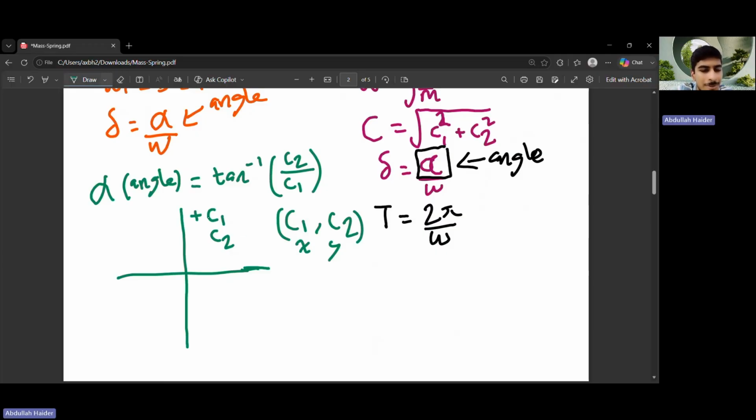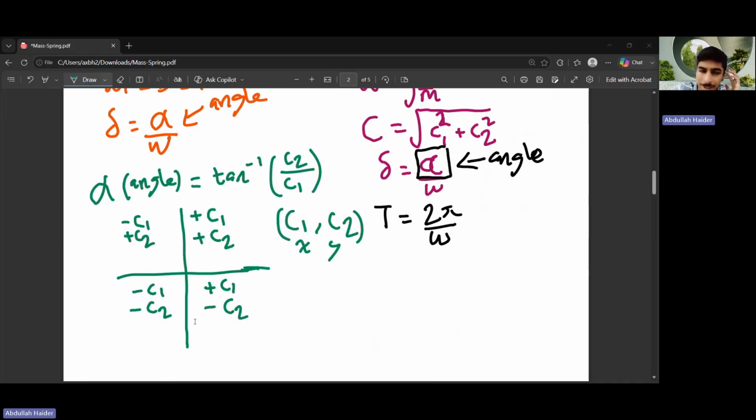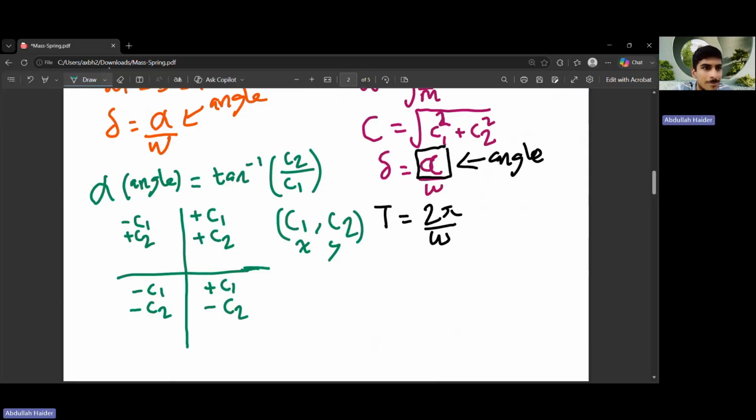So you have these cases where you have positive C1 and C2. You will have a negative C1 and a positive C2. You'll have a negative C1 and a negative C2, and a positive C1 and a negative C2. It's something you might have learned in physics 1.